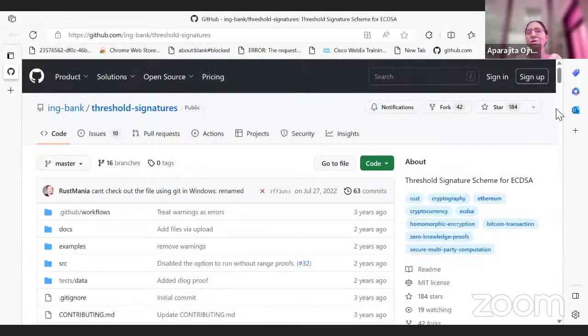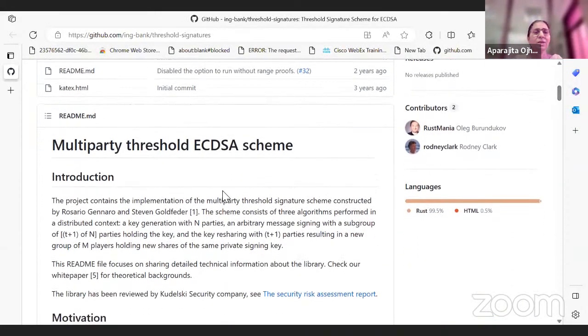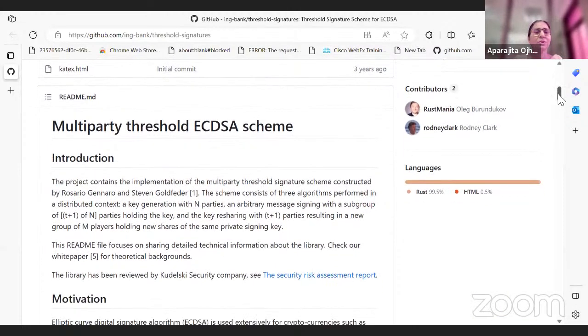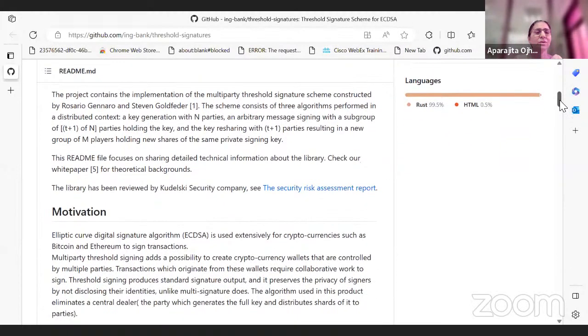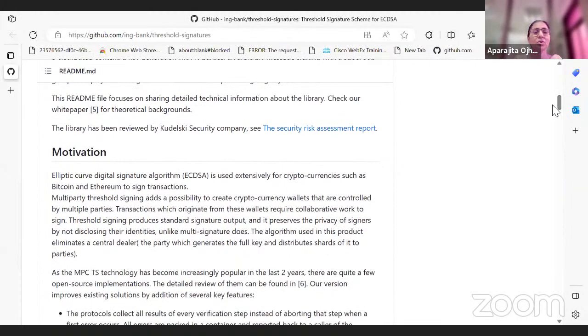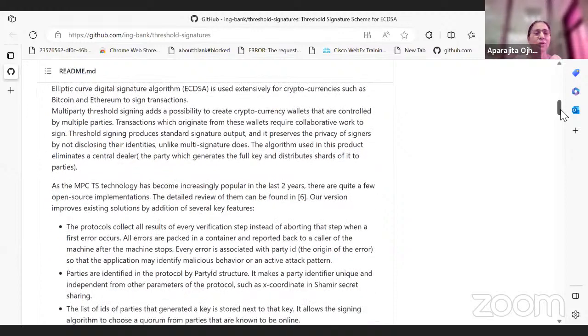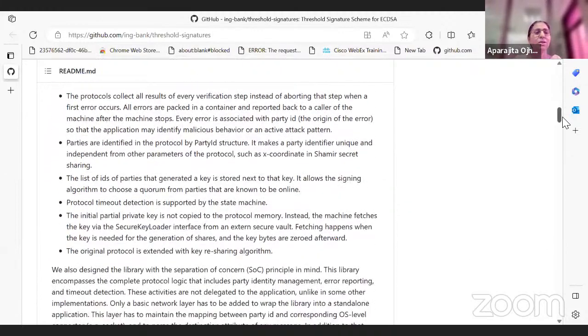This is a threshold signature GitHub page where a lot of information and multi-party threshold schemes are discussed, including the elliptic curve digital signature algorithm. They have explained in detail for those who are interested in going through the details.